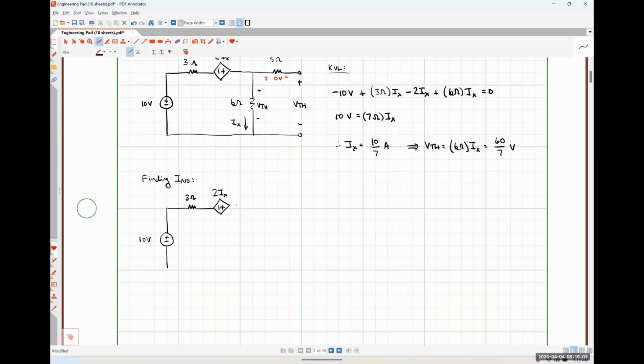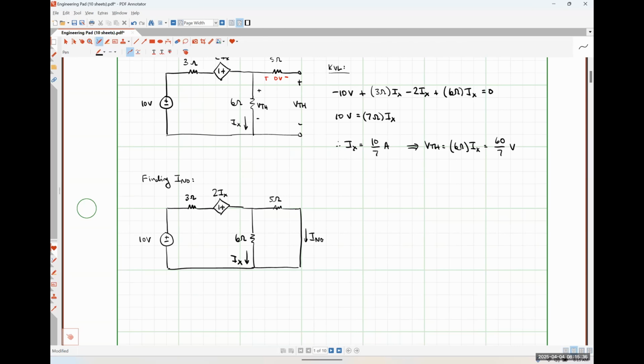Two IX voltage source. 6 ohm resistor through which my current IX flows. 5 ohm resistor. Now I'm simply shorting those 2 terminals, and my Norton current will be the current flowing down through that short circuit.